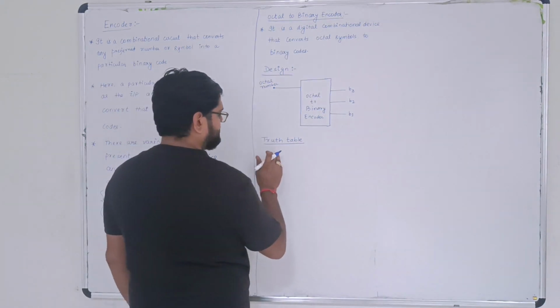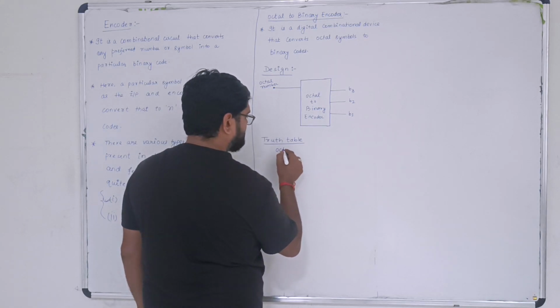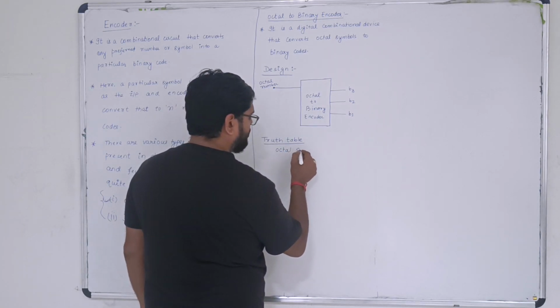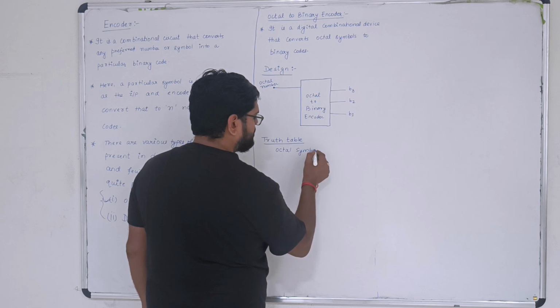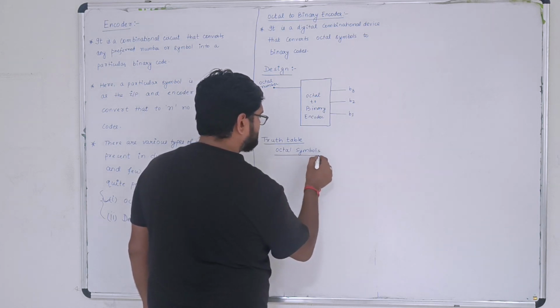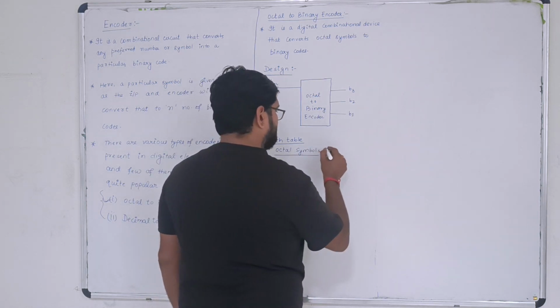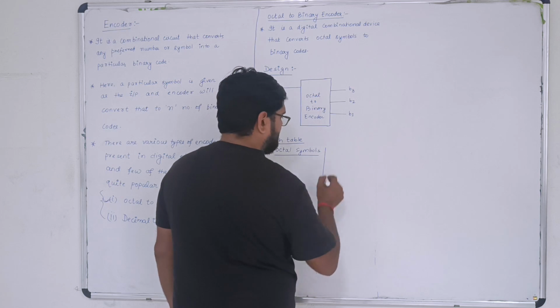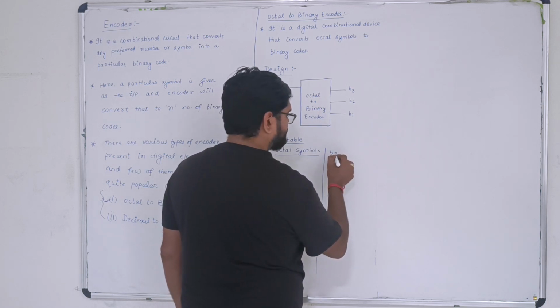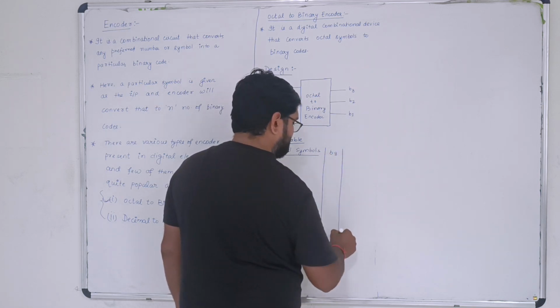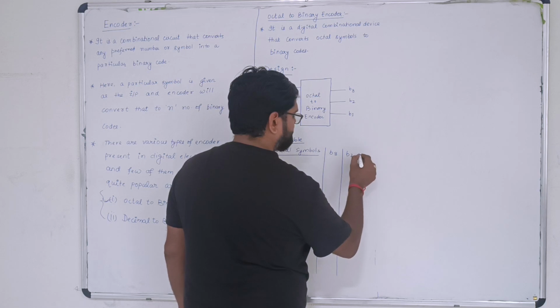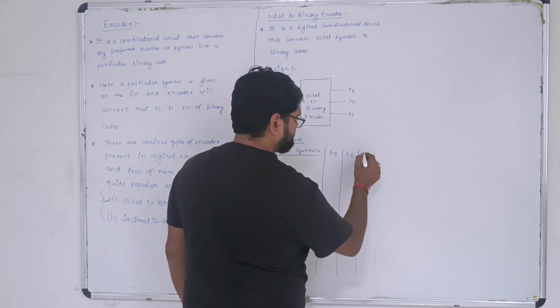In this case, we'll have octal symbols as the input, and depending on these octal symbols, we'll have the binary encoding. So I am writing the outputs as B3, B2, and B1.